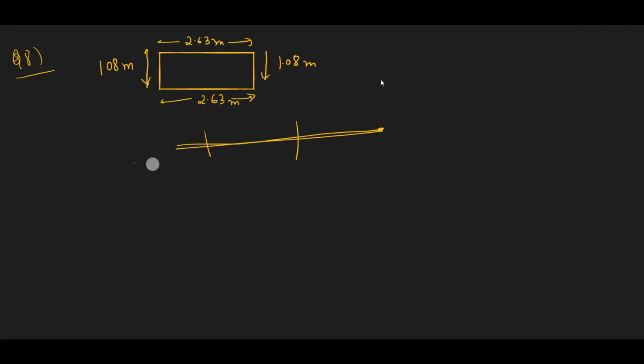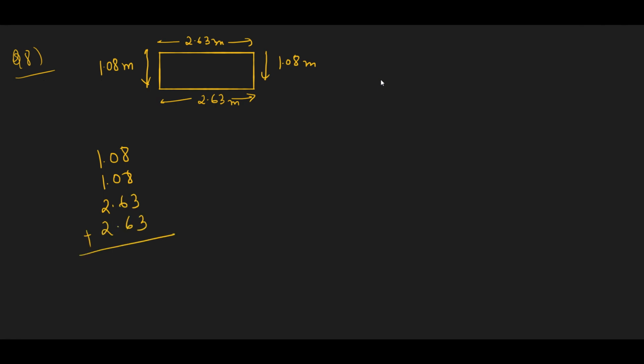So what will we do here, children, is, to know this, we will add 1.08, 1.08, 2.63, 2.63 together, and we will get the answer. So 8 plus 8, 16 plus 3, 19 plus 3, 22, write 2 and carry 2.